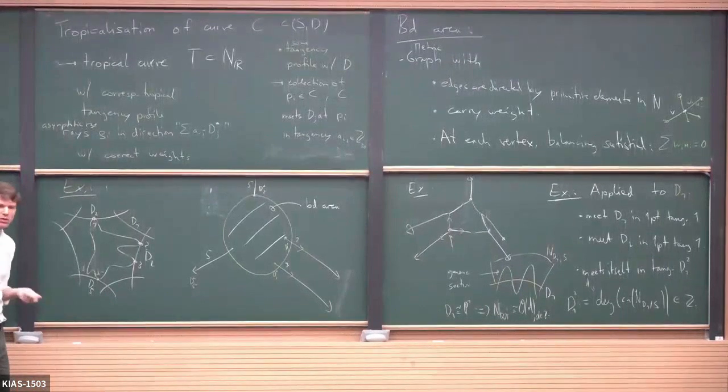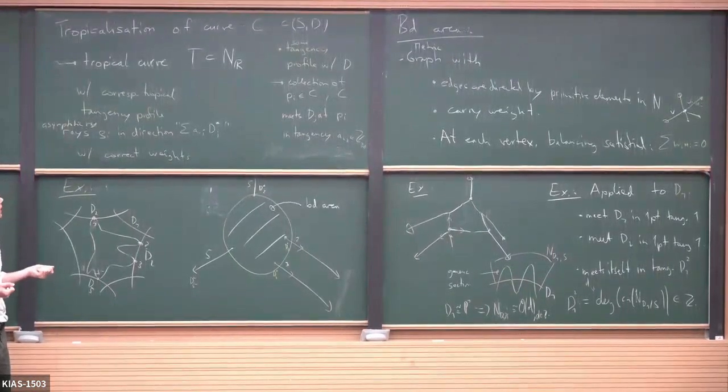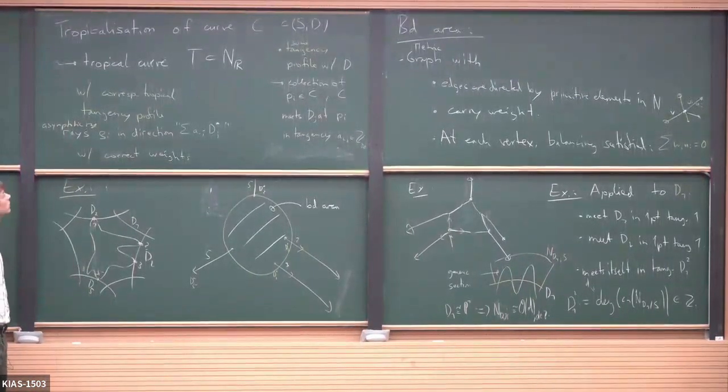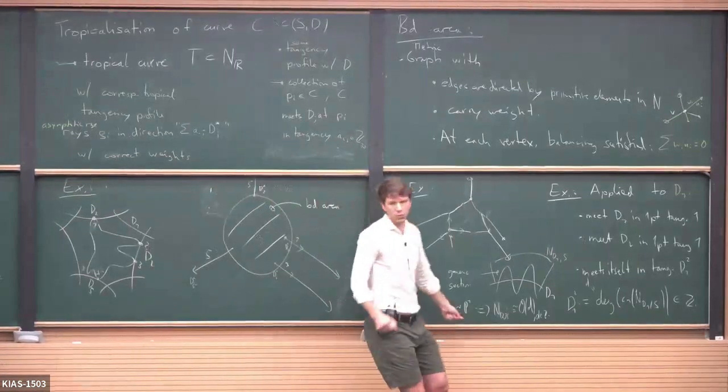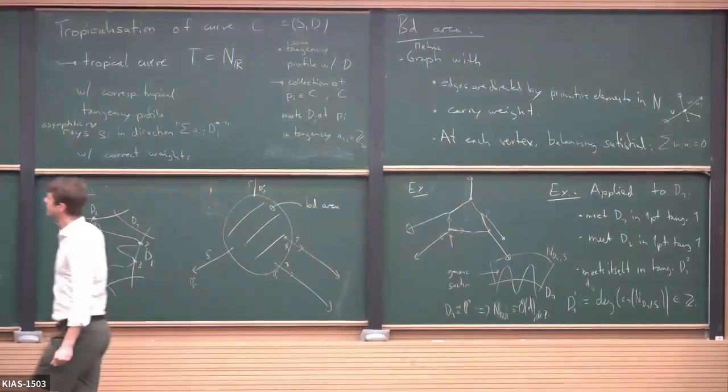But there's a more general definition that you can use, and in any case, the outcome is a tropical curve. So right now, I'm applying that process to the curve D1, which you can see here.